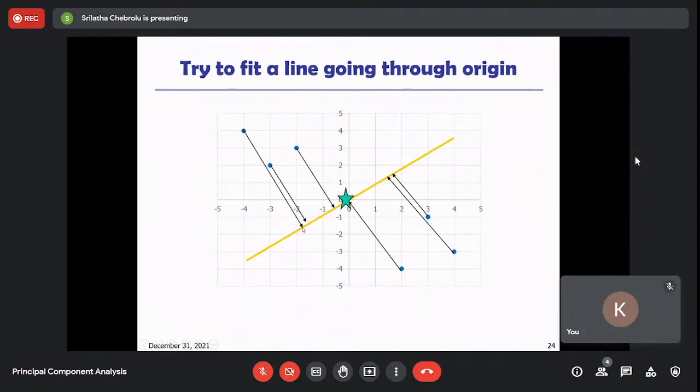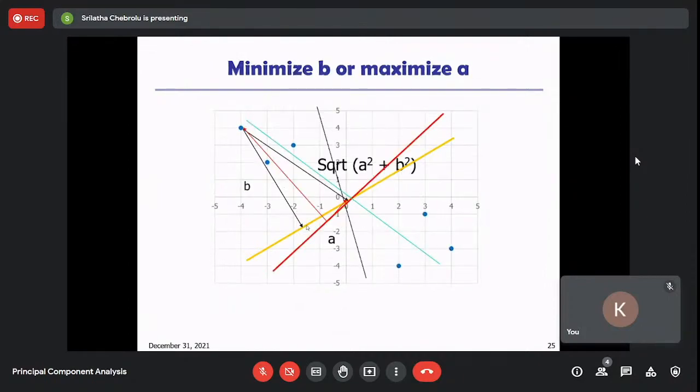When we project onto a line, out of the infinite number of lines possible which are passing through the origin, isn't it? Out of these infinite number of possible lines, you have to pick the line that is giving the maximum variation. It is an optimization problem.